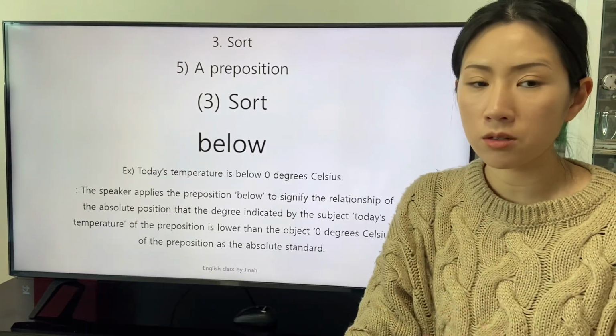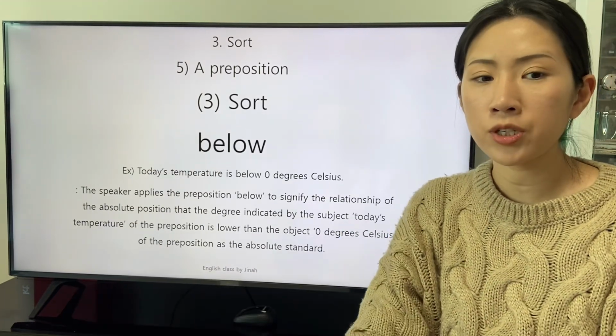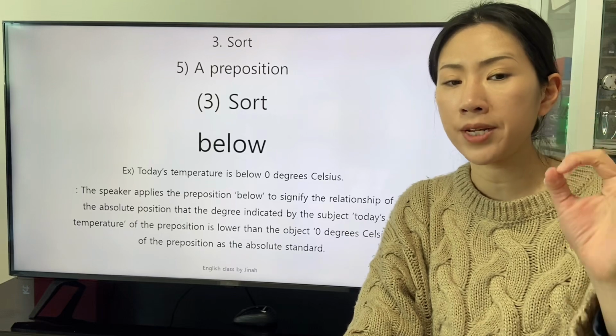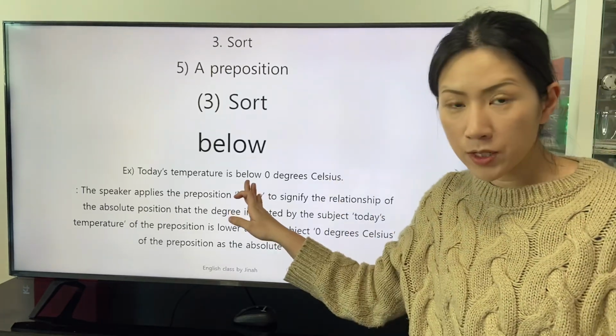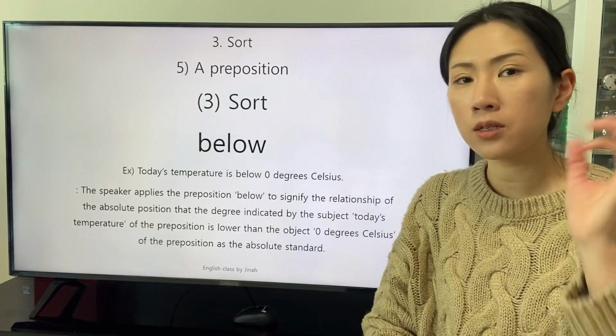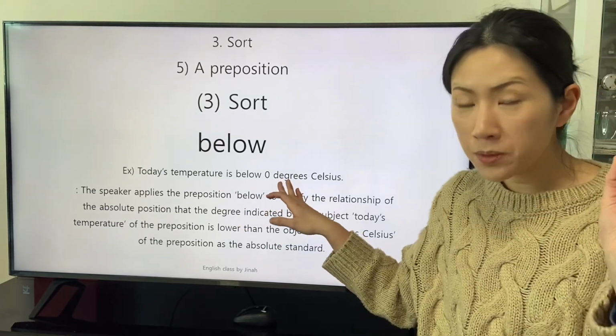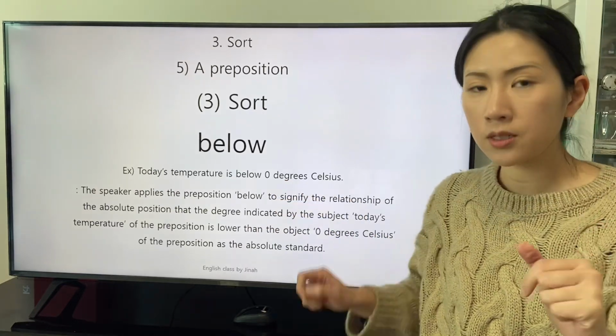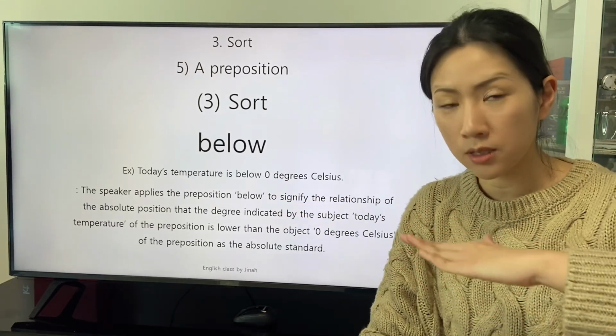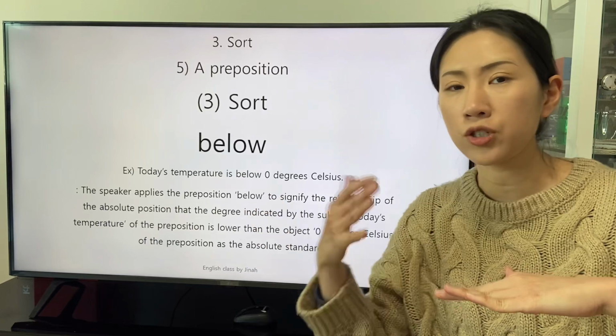There is a clause. Today's temperature is below 0 degrees Celsius. With the fact that the preposition below is applied, we can know that the object of the preposition, 0 degrees Celsius, is the absolute standard that is hard to change.